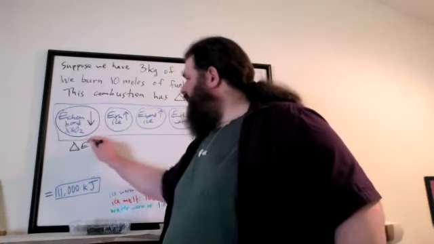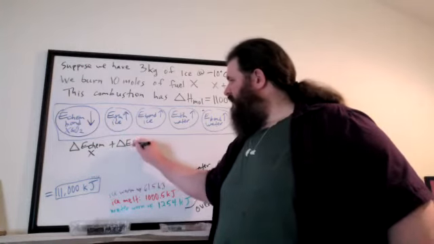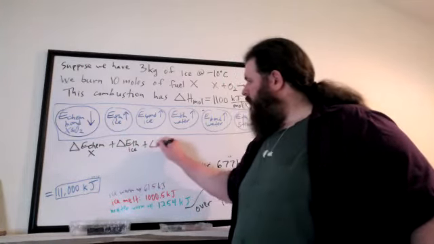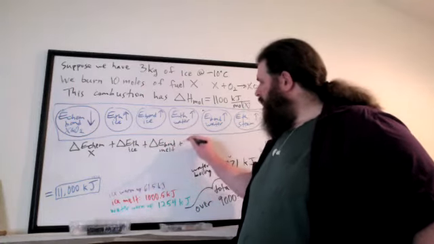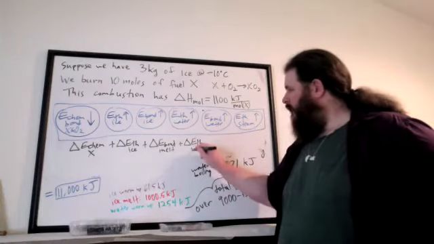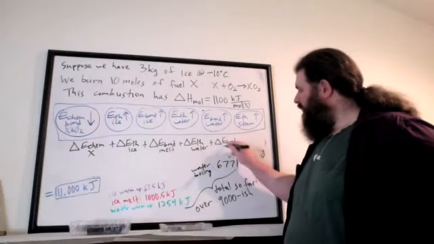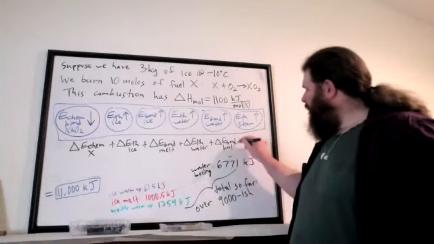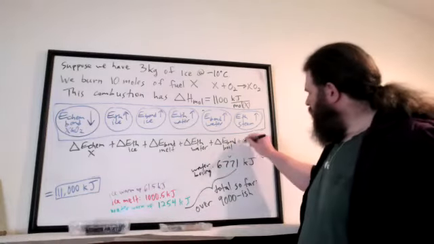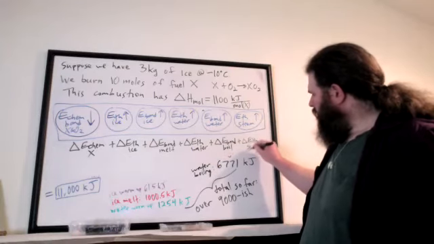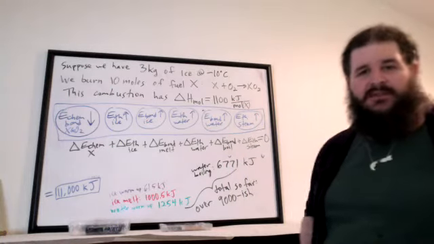We've got a change in chemical energy of the fuel, change in thermal energy of the ice, change in bond energy of the ice melting, change in thermal energy of the liquid water warming up, change in bond energy for the water boiling, and this change in thermal energy for the steam. All of which have to add up to 0 because the total change in a closed system is 0.